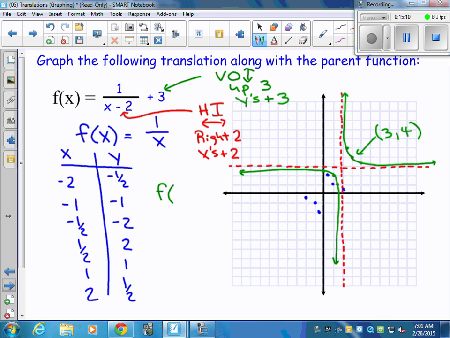Just like we did in the last unit, we're inserting the x value into the equation. 3 minus 2 is 1. 1 divided by 1 is 1. 1 plus 3 gives us the output of 4. So now I've tested a point, and I know that I have drawn this graph correctly.